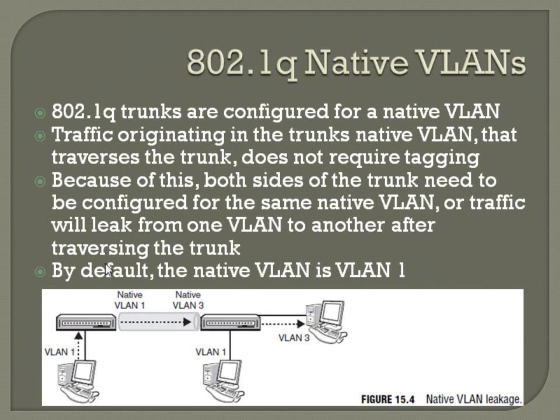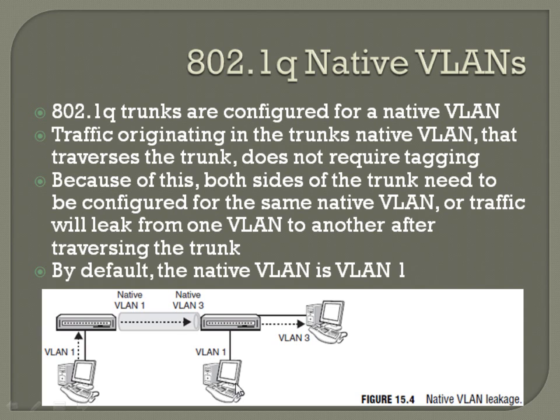Well, for trunks, all VLANs are going to be assigned to any trunk port unless you specifically prune them out. On the access ports, yes, you have to specifically identify the VLAN, unless you want everything to be VLAN 1, which is the default. For access switch ports, which is going to be a PC or something connecting there, you have to specifically identify which VLAN that port corresponds to.